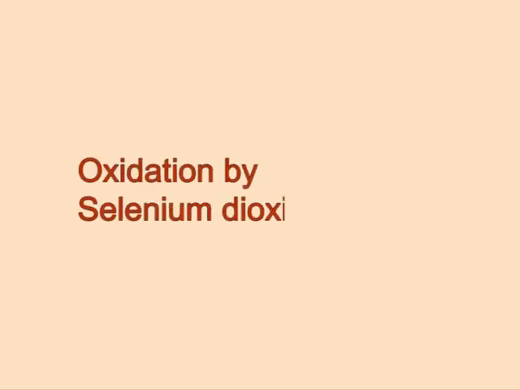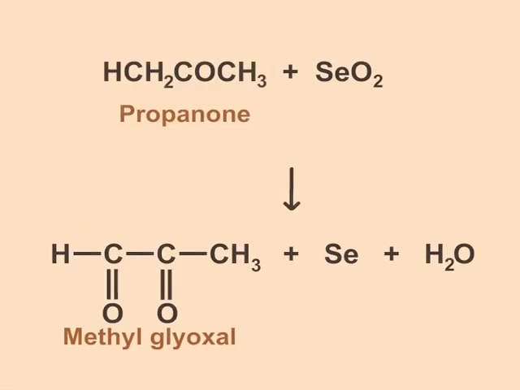Let us now learn about oxidation by selenium dioxide, that is SeO2. Carbonyl compounds containing a methylene group adjacent to a carbonyl group are oxidized by selenium dioxide to a dicarbonyl compound.